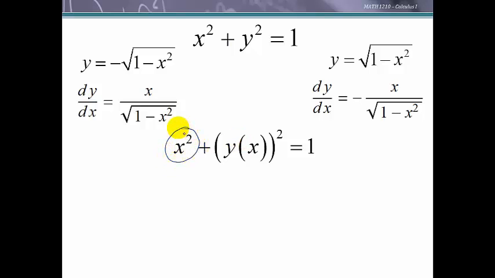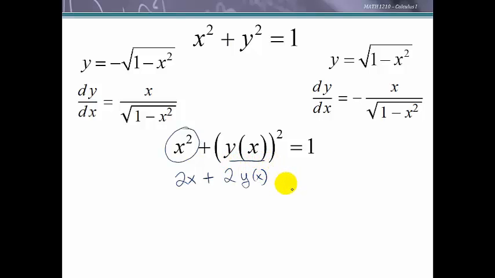If I differentiate this first term, I get 2x, and then I have plus. If I differentiate this, this is a power rule chain rule because it is the function y of x inside of the squared function. So I have 2y of x, and if I decrease the power by 1, this would just be the 1, but then I need to multiply that by the derivative of this function that's inside.